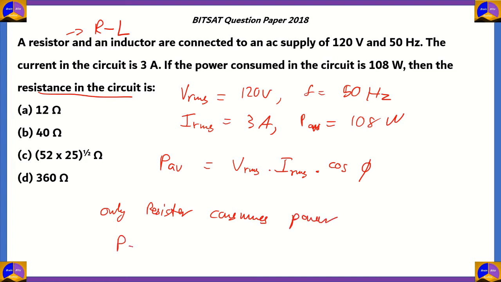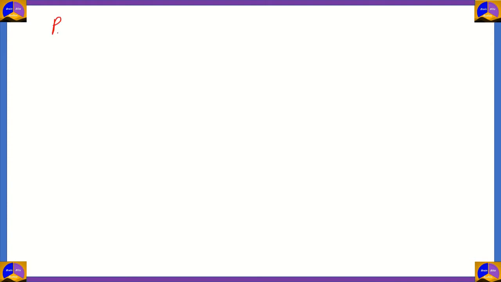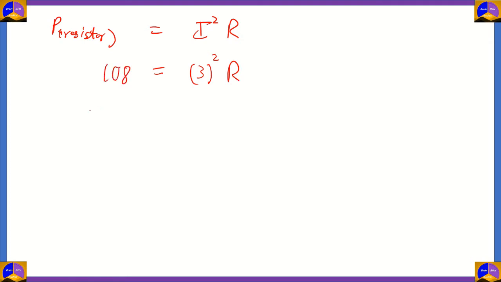So therefore, the average power is equal to the power generated due to the resistor. So all it remains is to find out the value of P resistor. So the power due to the resistor is I squared times R. So here I, we can take that as IRMS. So that is 3 squared times R equals 108. So therefore the value of R is 108 divided by 3 squared, which is 108 divided by 9.